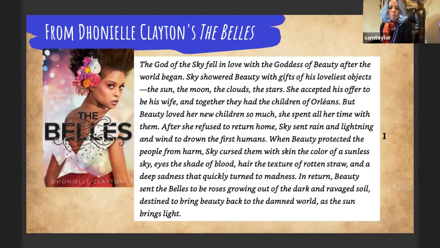When Beauty protected the people from harm, Sky cursed them with skin the color of a sunless sky, eyes the shade of blood, hair the texture of rotten straw, and a deep sadness that quickly turned to madness. In return, Beauty sent the bells to be roses growing out of the dark and ravaged soil, destined to bring beauty back to the damned world as the sun brings light.